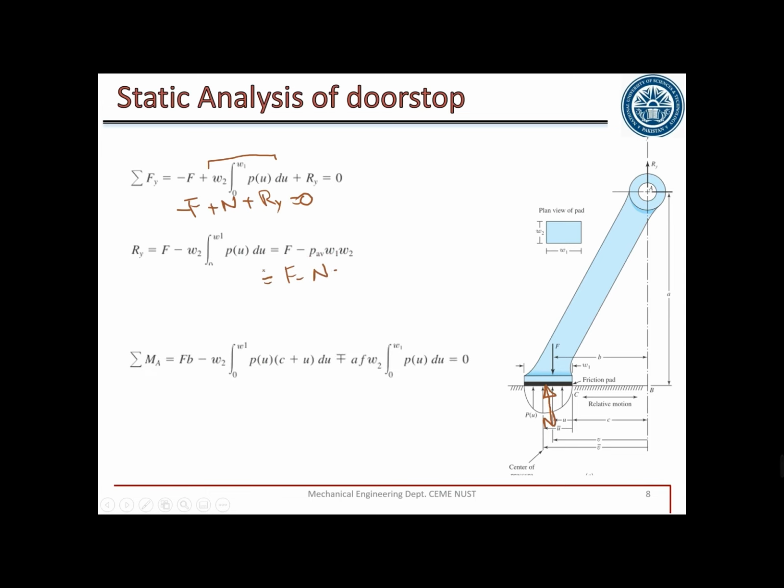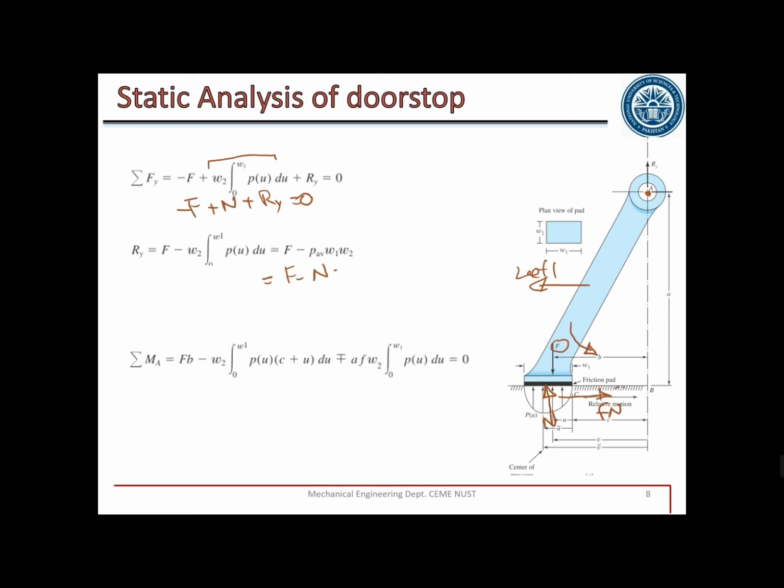The third equation is summation of moment. How do we calculate that? Summation of moment at this point. Remember our motion of this was towards left, the floor was moving towards right, so we had a force F into N here. So what will be the moment? This F will cause a counterclockwise motion.